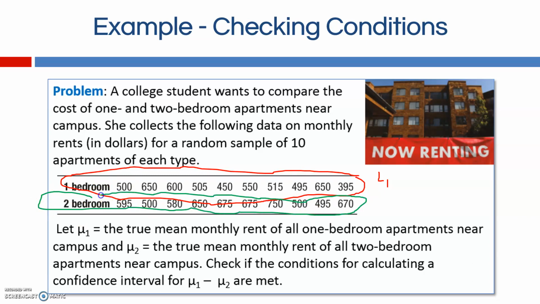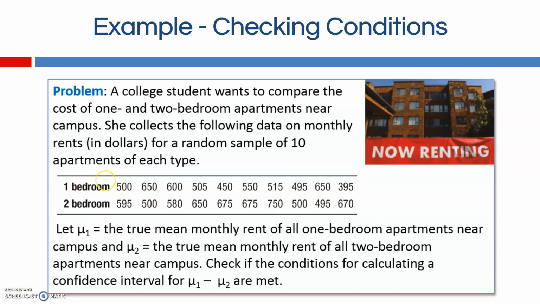Sorry about this, I'm not doing a great job of circling this, but make that your L2. Okay, so make a list on your calculator with that data. 1 bedroom is L1, 2 bedroom is L2, and that's because that's the way we're going to define our interval. We're going to find the confidence interval for the difference between mu1 minus mu2. So make this your L1, make this your L2, type all your data in, and then I'll show you where to go from there.